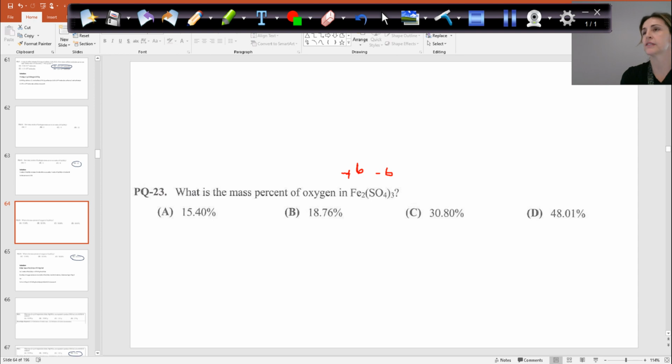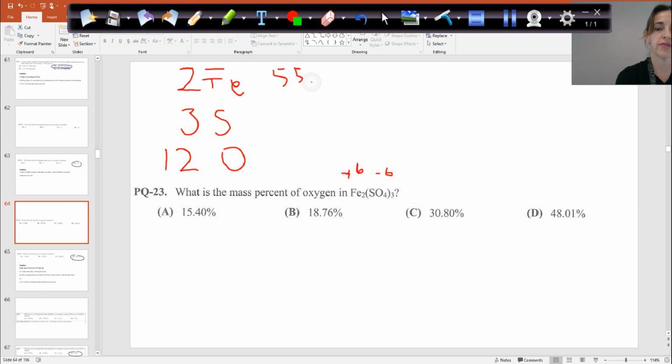And how many oxygens? 12. So we have 2 iron plus 3 sulfurs and 12 oxygens. So iron is 55.85 grams per mole.